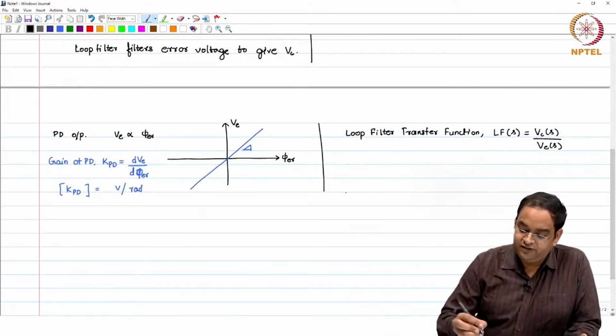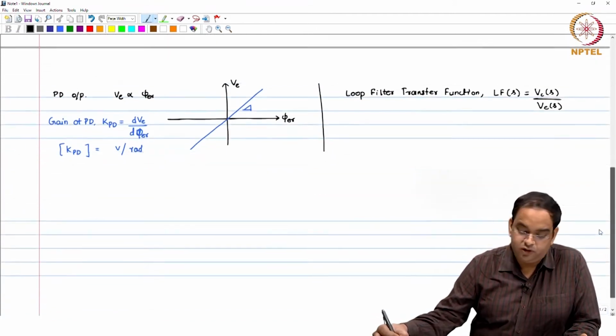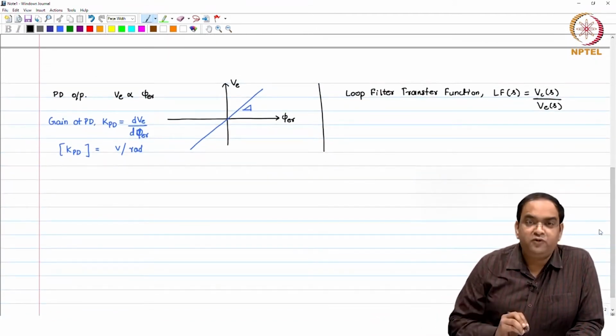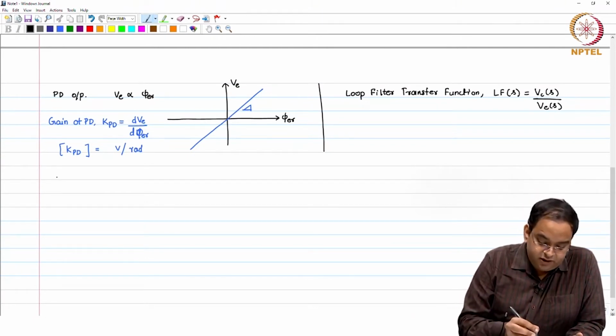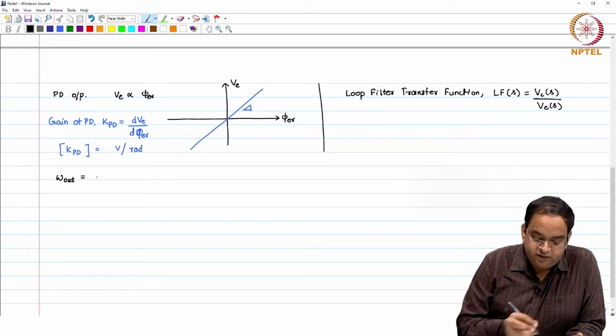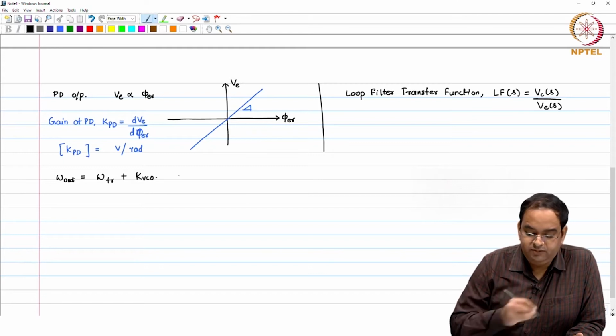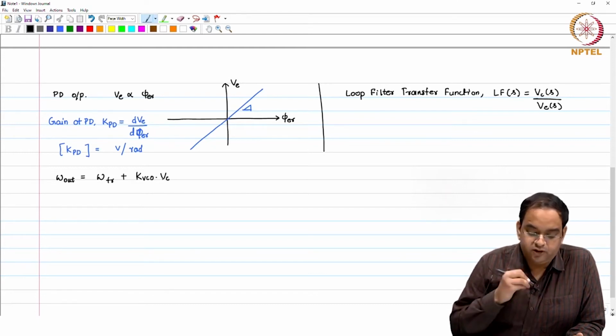Now, you have the VCO. As I told, the VCO output frequency is proportional to the control voltage. In general, your omega out frequency has two terms: omega free, the free running frequency, plus K VCO times V control.